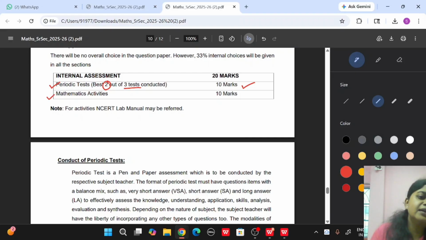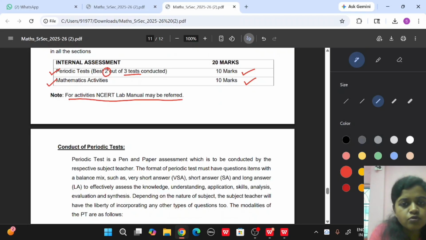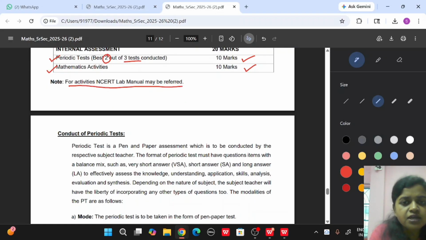And mathematics activities, basically some lab manual, and the teacher can give you a project. Based on this, 10 marks will be given. Here it is written that for activities the NCERT lab manual may be referred to. So on the website you can check the NCERT lab manual. Whatever the teacher instructs, you should follow those instructions.